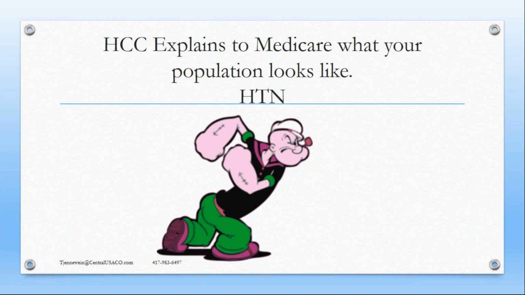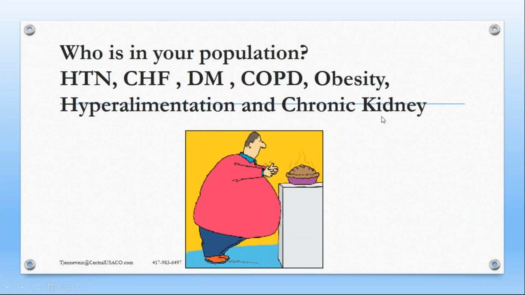So we have a patient here who's rather robust. He's healthy. Generally, he has high blood pressure. Not unusual. We see a lot of claims going through to Medicare with a patient that comes in the office for high blood pressure. And the claim goes out to Medicare, and we told Medicare the patient has high blood pressure. So we explained to Medicare, this is what our patient looks like. No problem.